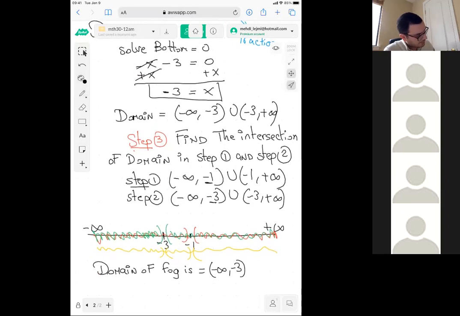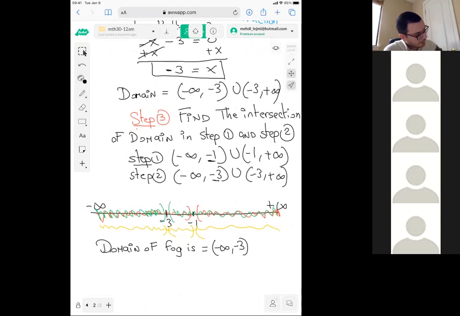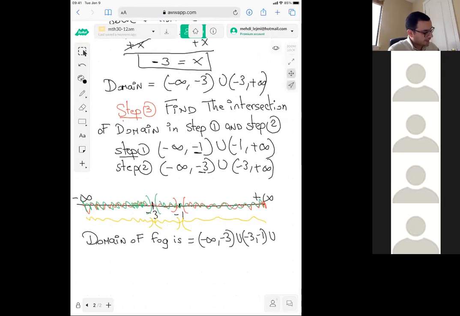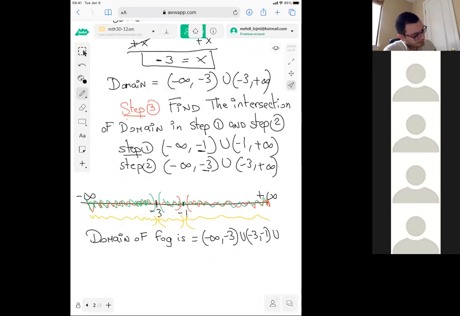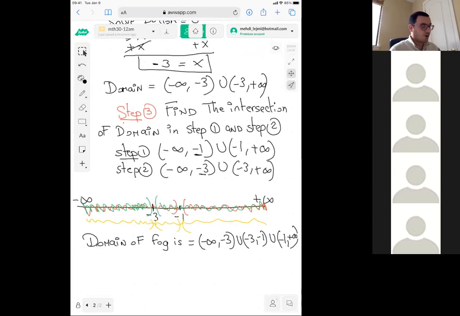And then union with negative 3 to negative 1, union, and then from negative 1 to positive infinity, right? So that would be the domain of f composed with g, right?